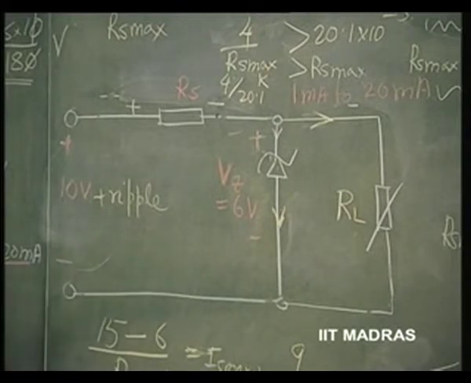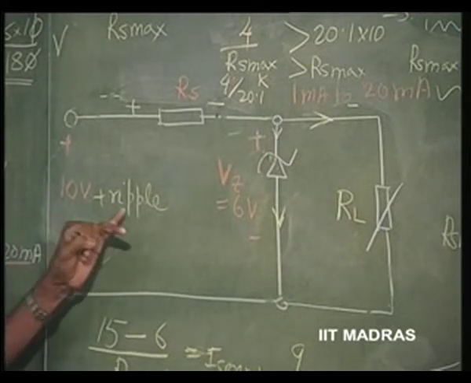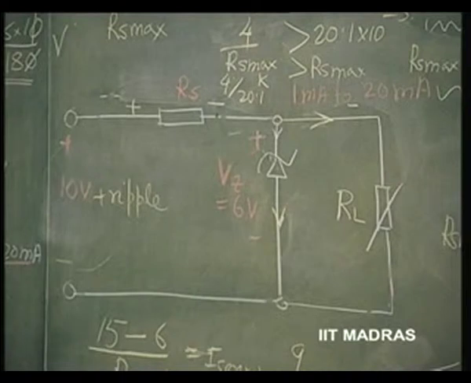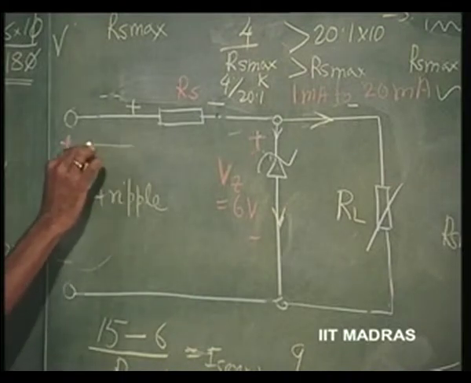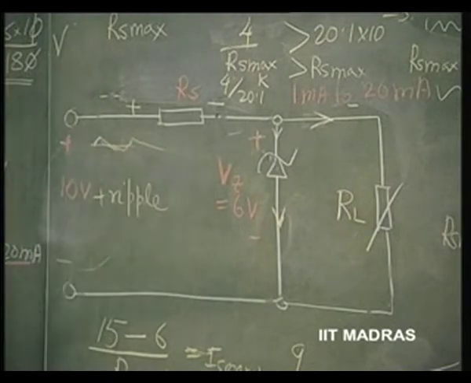So, we know how to evaluate the peak to peak ripple in our earlier method of evaluation of ripple. We have understood that. So, apart from a DC voltage, there is a ripple here, peak to peak. It is not just a DC voltage of 10 volts, there is going to be a ripple here, something that is varying.